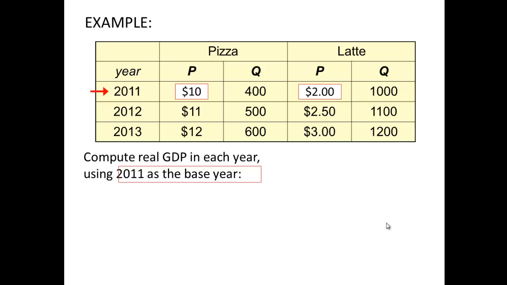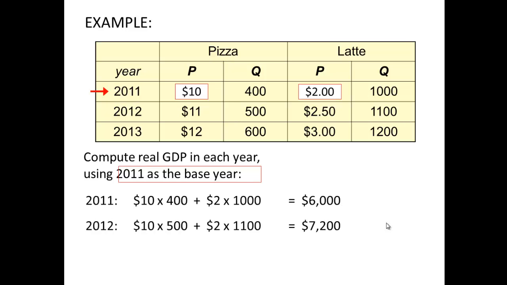So 2011 is our base year. And when we are determining real GDP, you take base year prices and multiply them by current year quantities. And then that way we can compare apples to apples, oranges to oranges.